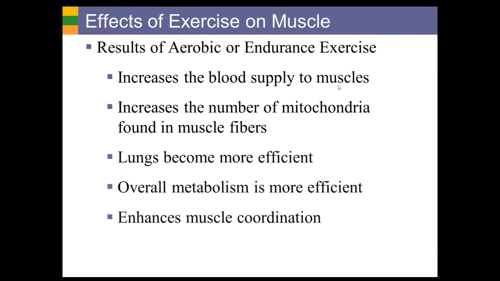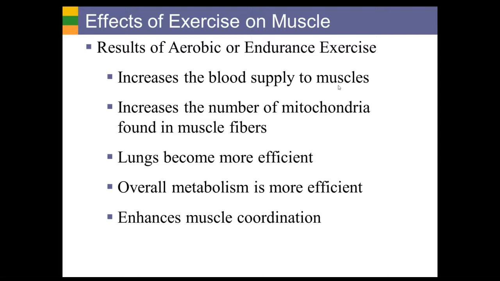Some other changes that occur in the body outside of the muscular system include an increase in the efficiency of one's lungs. Metabolism in general is more efficient, and we also see enhanced muscle coordination. Some other benefits of aerobic exercise also include a decreased risk of cardiovascular disease, hypertension, and diabetes.